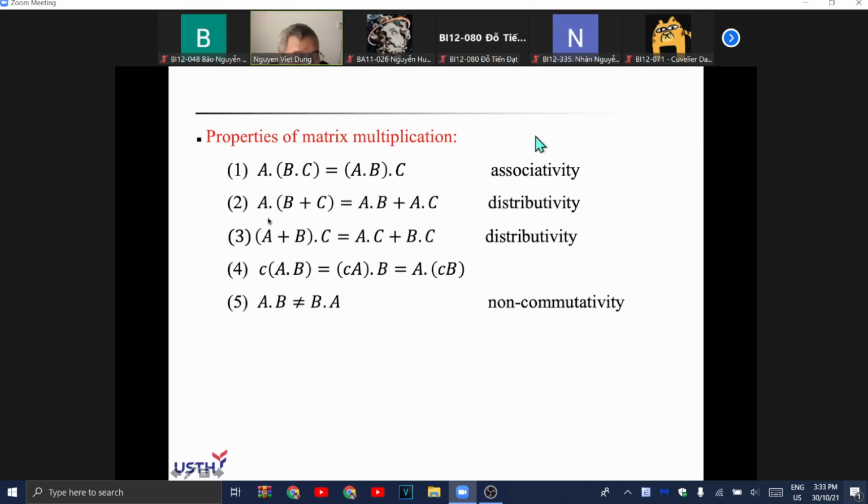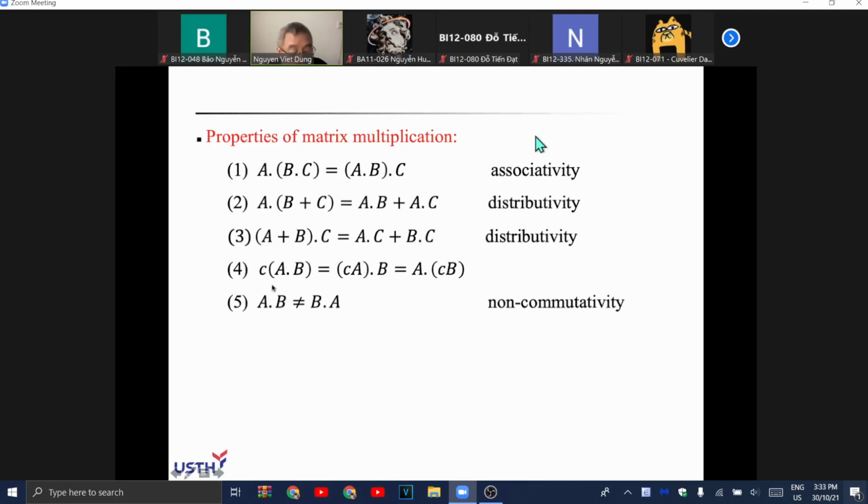The second property says A multiplied by B plus C equals A multiplied by B plus A multiplied by C. That is named the property of distributivity. And here is distributivity from the right. And the next one is again distributivity, but now from the left.